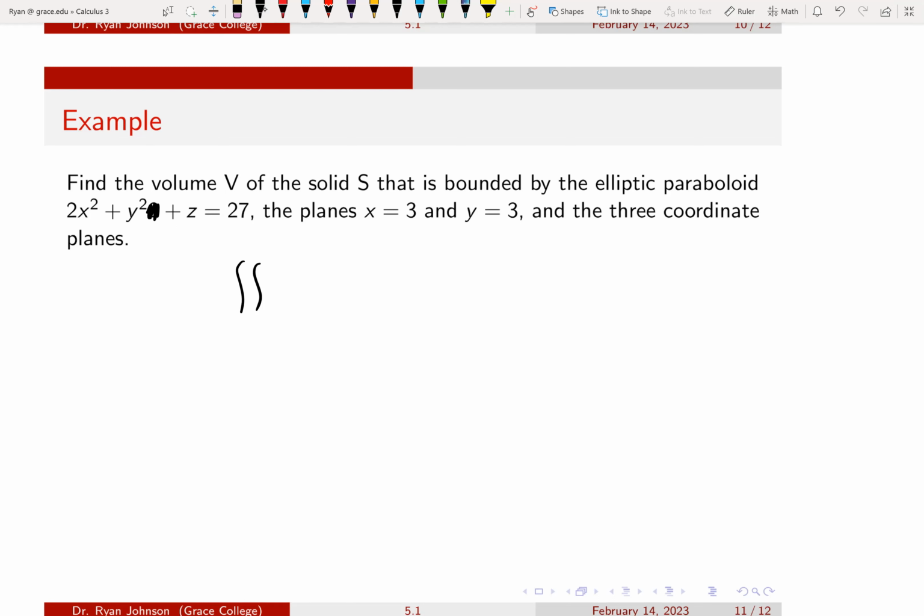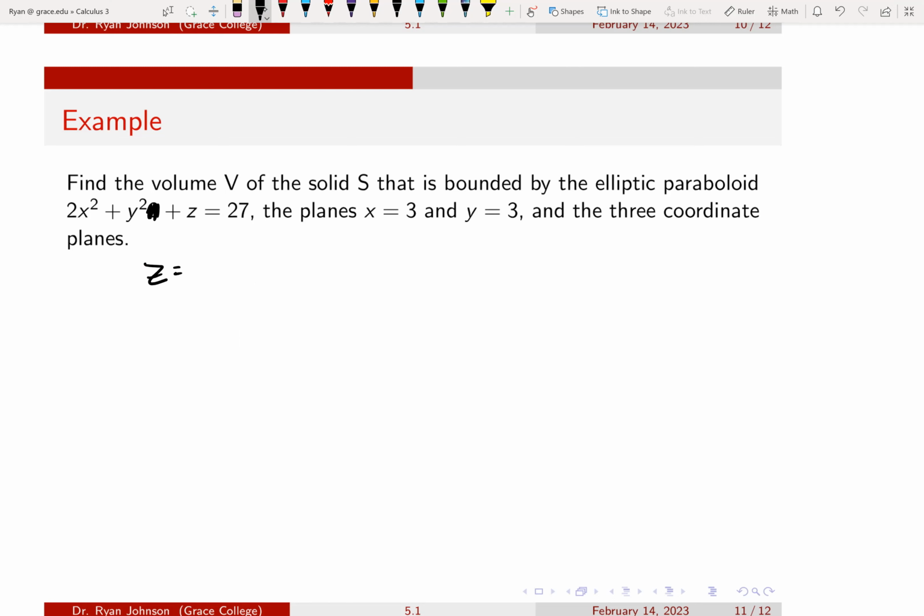X equals 3, so the coordinate planes are when x is 0, so then x is going 0 to 3. Let's do x on the outside, y on the inside. So this shape, solve for z.